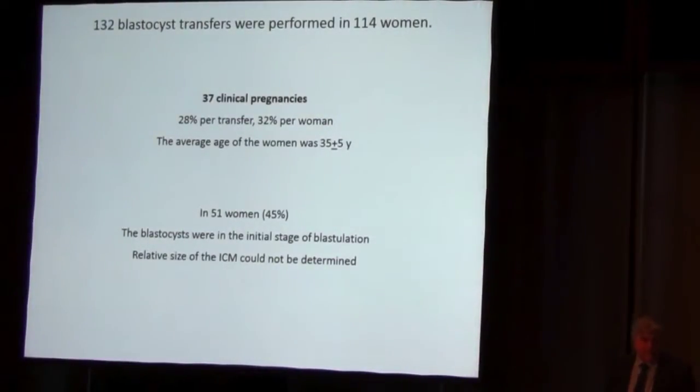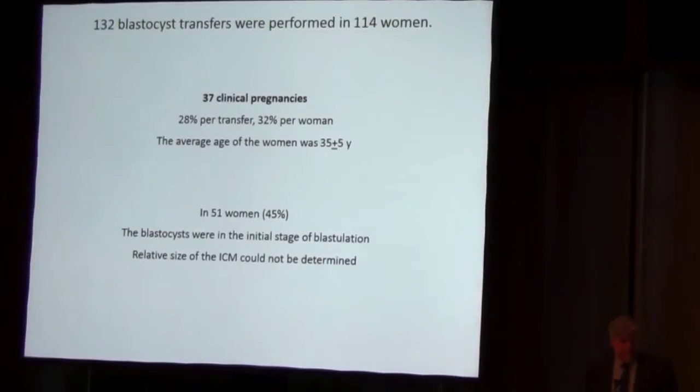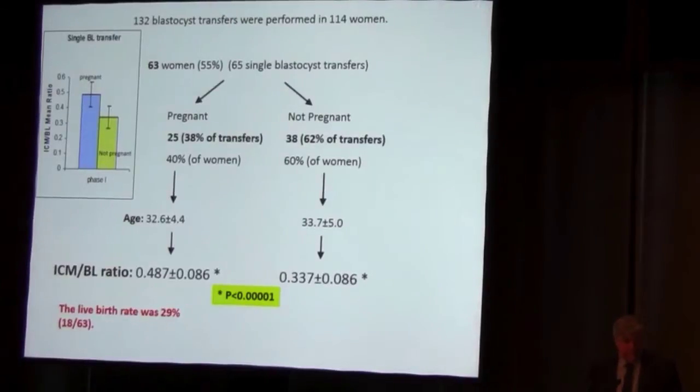We looked at 132 blastocyst transfers, performed in 114 women. We had 37 clinical pregnancies, 28% per transfer and 32% per woman, and the average age was 35. In 51 women, 45%, the blastocysts were in the initial stage of blastulation, and the relative size of the inner cell mass could not be determined, so they were excluded.